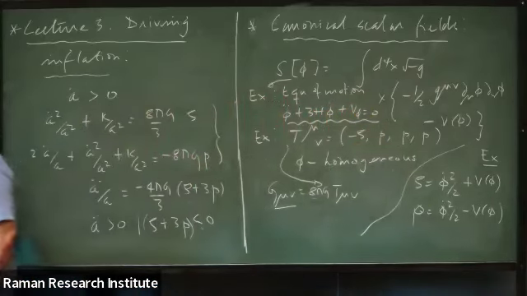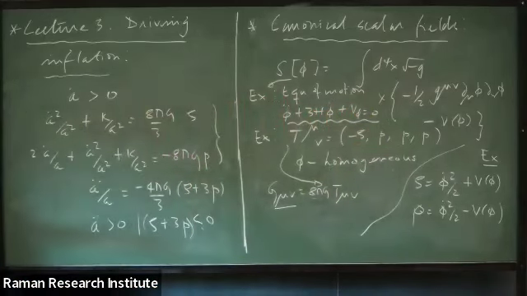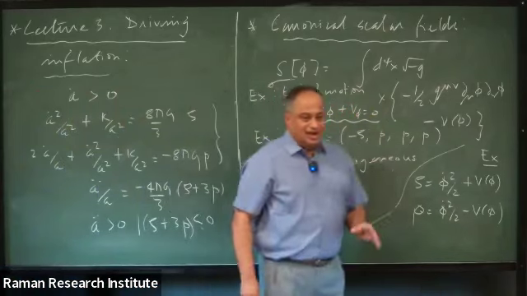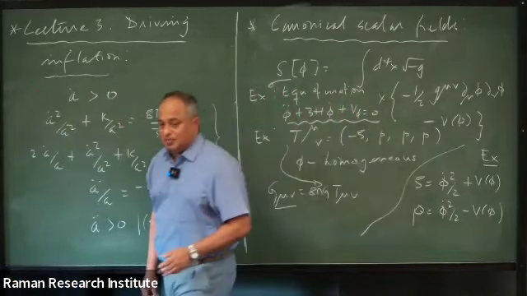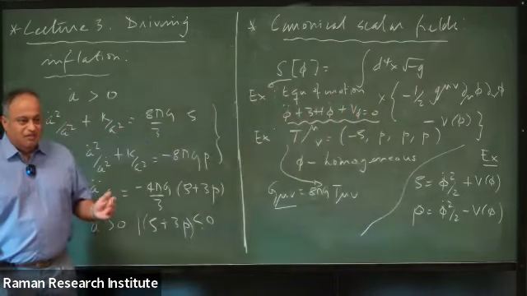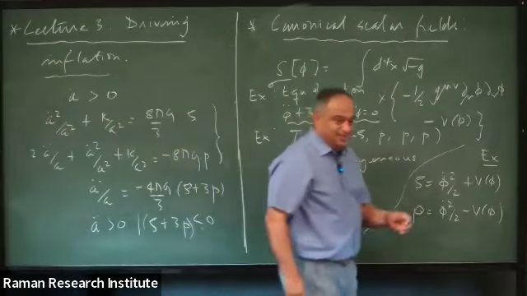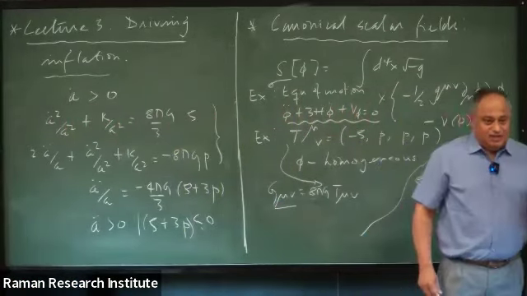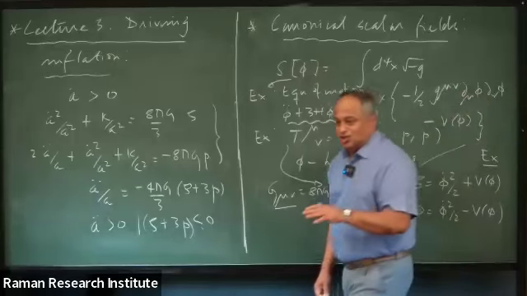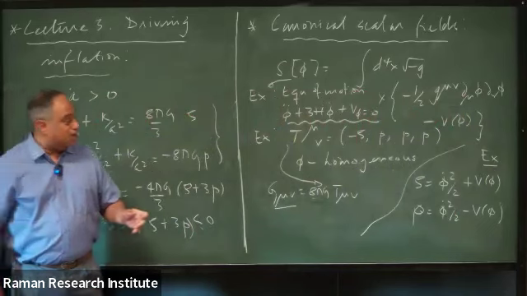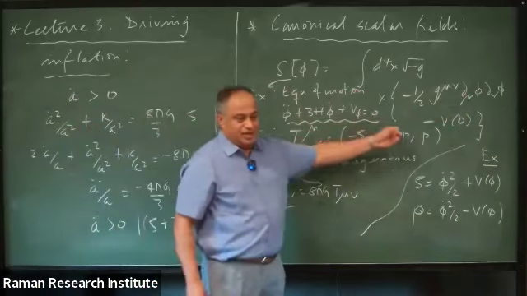V subscript phi hereafter will denote the derivative of the potential with respect to phi. Let me repeat. You start with a canonical single scalar field described by a potential V of phi. Vary that to arrive at the equation of motion in a curved space-time. That's the first part of the exercise. Now, assume the space-time to be a FLRW universe and show that the equation of motion is given by this expression.